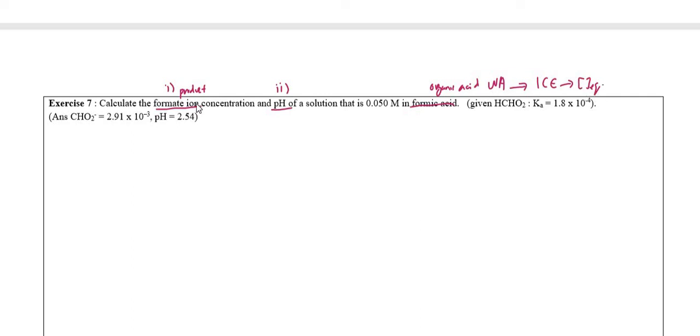So the dissociation equation first. HCHO2 dissociates in water to become CHO2 minus and H3O plus, aqueous, liquid, aqueous and aqueous.